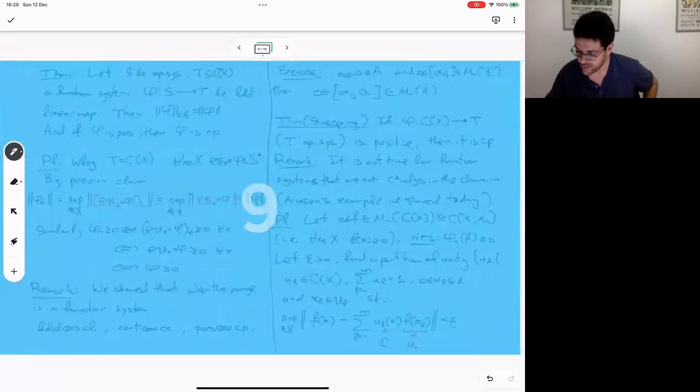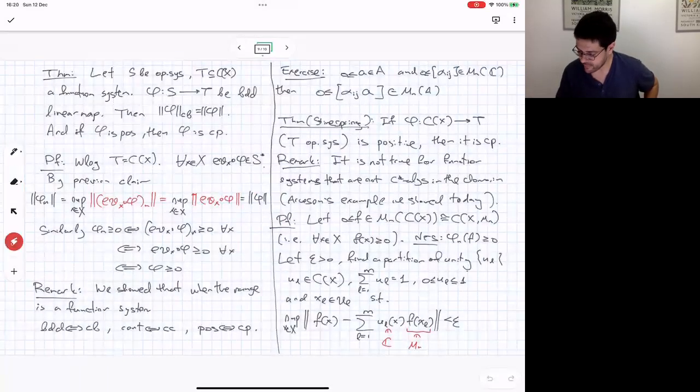So we wanted to show that whenever we have a linear map from a commutative C*-algebra into an operator system such that this map is positive, then it is completely positive.